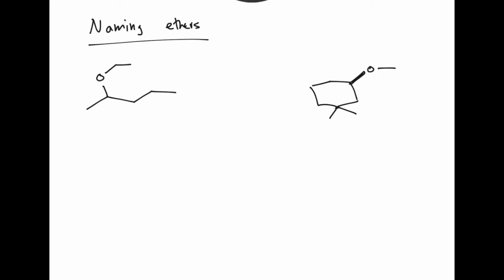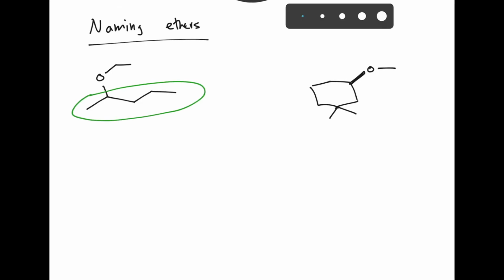If you remember, ethers are named just like substituents, so they go in front of the name of the longest chain. Here this is 5 carbon, so this is pentane, right?